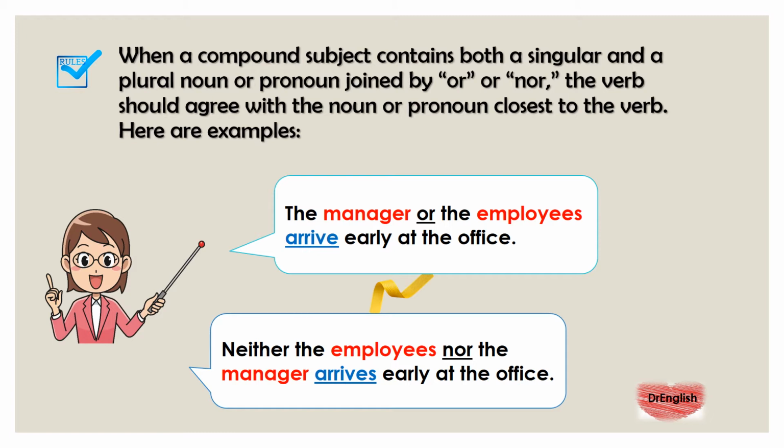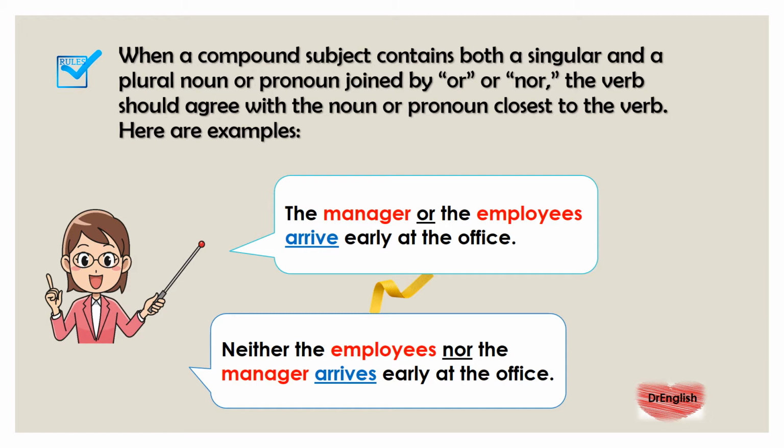Now the rule says the verb should agree with the noun or pronoun closest to the verb. So in this sentence, employees is the noun close to the verb arrive. So the verb should be in the plural form, arrive. The manager or the employees arrive early at the office.